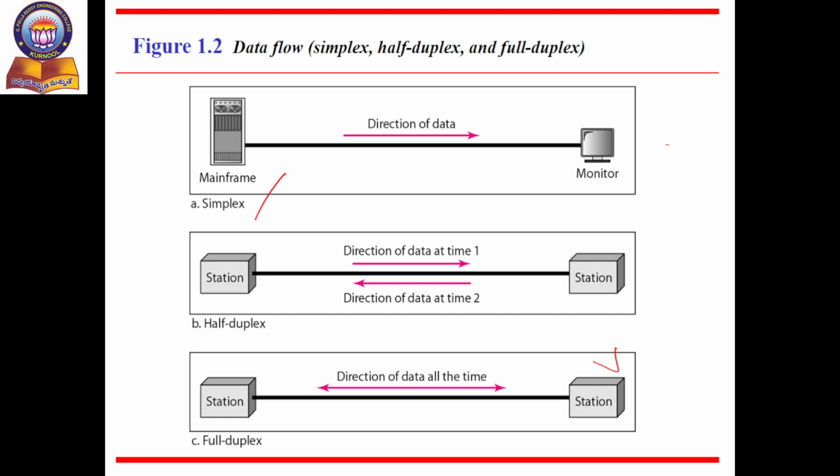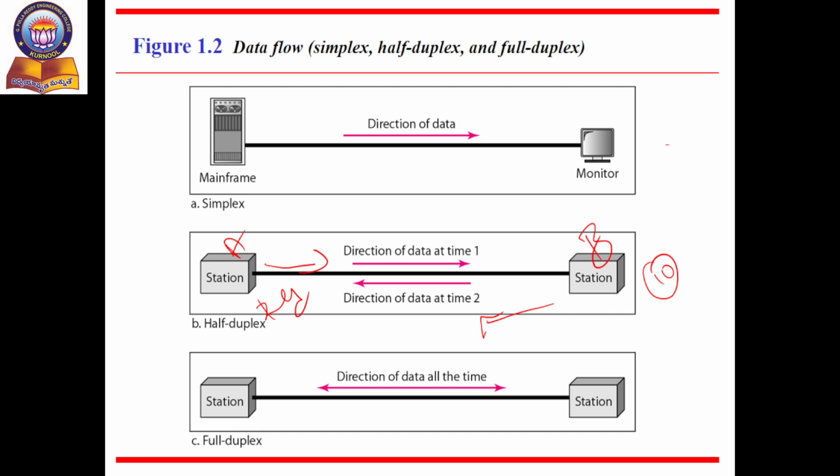Just assume this system is A and this system is B. For this second, I want to send data from A to B. So A is sending, B is listening, that is, B is receiving the data. And for the next moment, B wants to send data to A. B is sending and A is receiving the data.